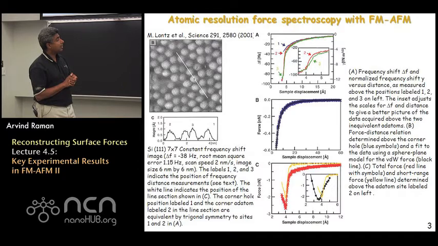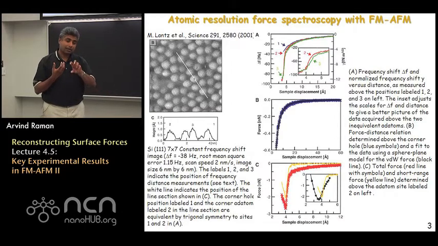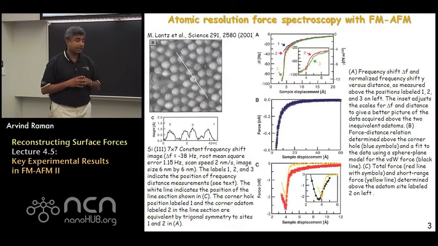So what one sees in the top right were pretty remarkable results that suggested that FM-AFM was able to detect the differences in interaction forces between the atom on the tip of the AFM cantilever and these 3 sites. Site 1 is a hole, site 2 is a silicon atom that has a missing neighbor, and site 3 is a normal silicon atom on the surface.